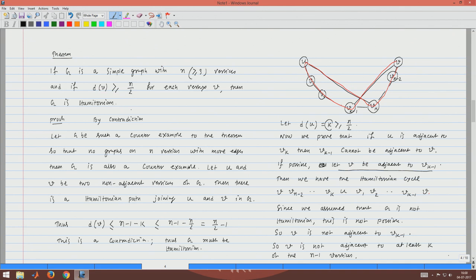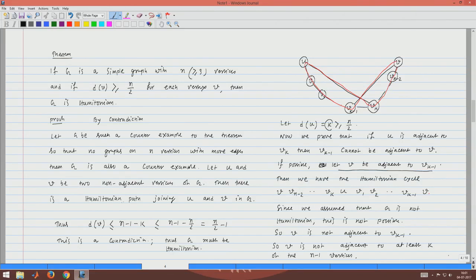This is a proof by contradiction. We considered a maximal counterexample to this theorem. That means G is a counterexample having n vertices, and it satisfies the condition that the degree of every vertex is greater than or equal to n by 2, but it is not Hamiltonian.